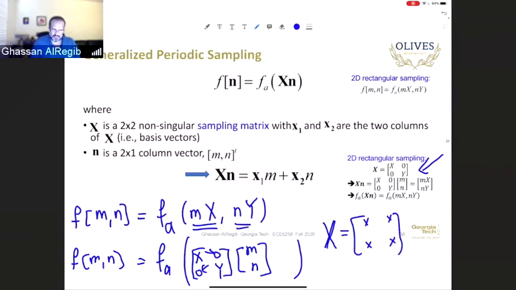These four numbers in here will define our sampling lattice. If I have them as capital X and 0 and 0 and capital Y, then I have the special case of rectangular sampling. If I have them as capital T and 0, 0 and 0, then I have the special case of one-dimensional sampling. But I'd like to generalize this to the general case.